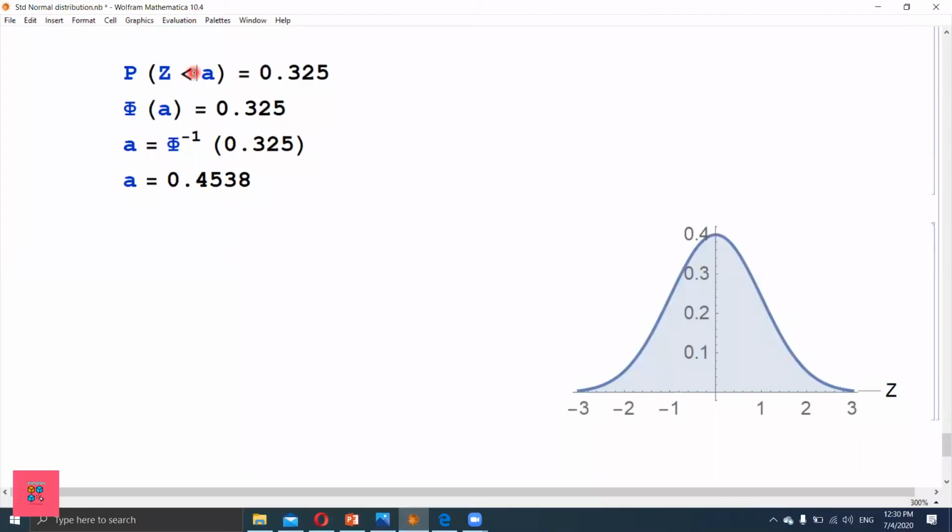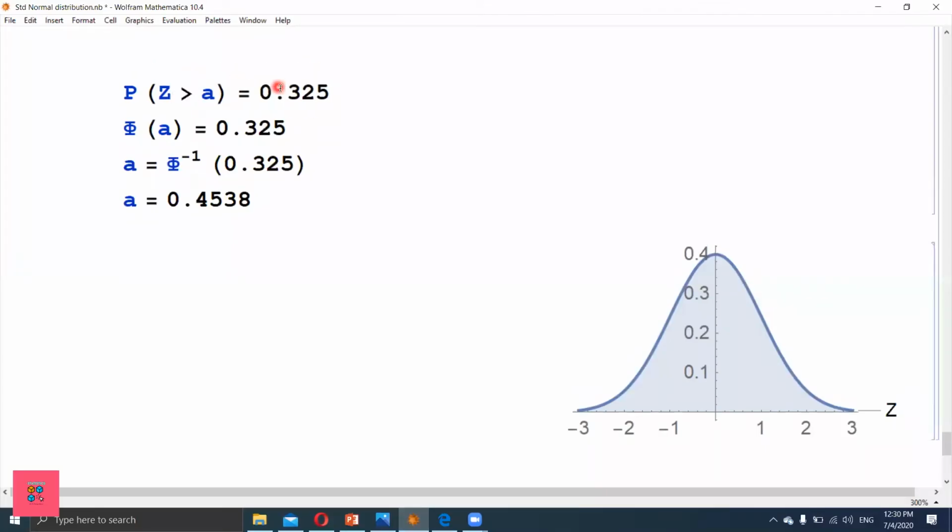Probability z greater than A means the area above the point is given.